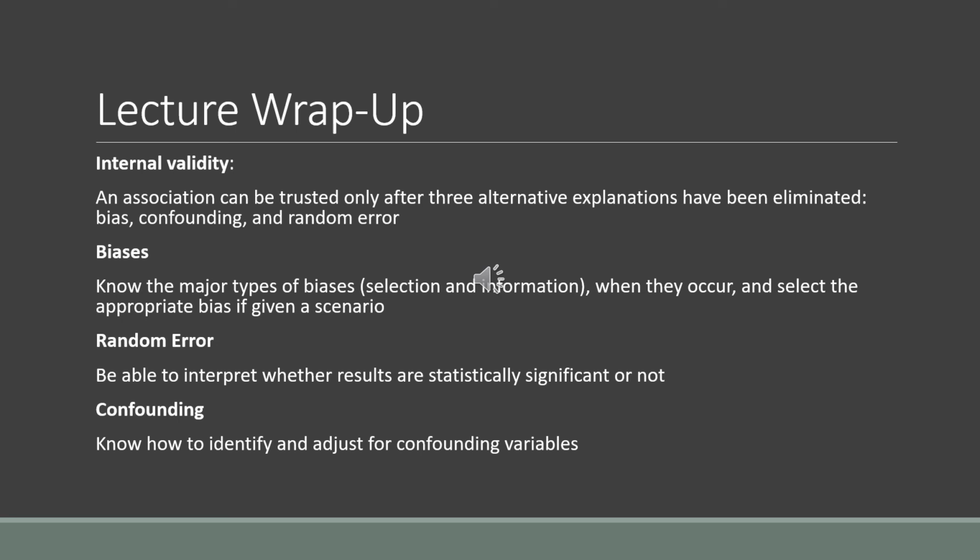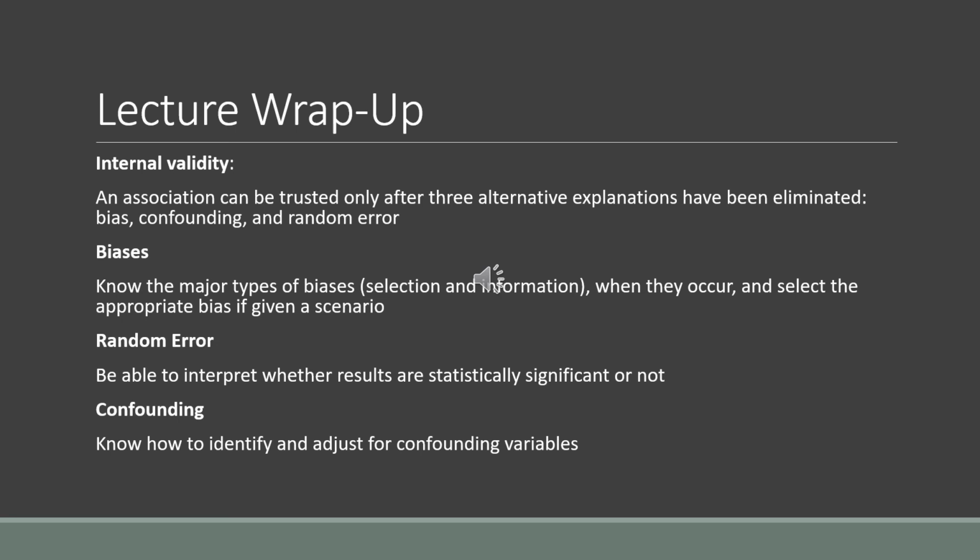One, you should know what internal validity is and the three main explanations that we've discussed that can cause your internal validity to decrease. That is bias, confounding, and random error. For biases, know the major types of biases, so know selection bias versus information bias, know the phases of research when they occur, and then if I give you a scenario, be able to tell me which type of bias is occurring.